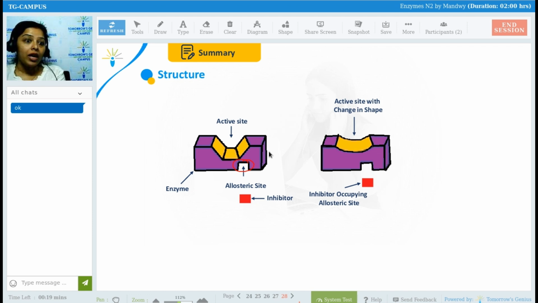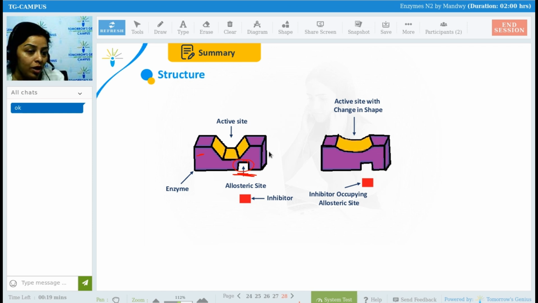Now once the product concentration increases, this product will come and bind to this allosteric site. Once it binds to the allosteric site, it will change the affinity. Are you getting me? Now this enzyme is no longer able to bind with the substrate and perform the activity. This is allosteric inhibition, right?